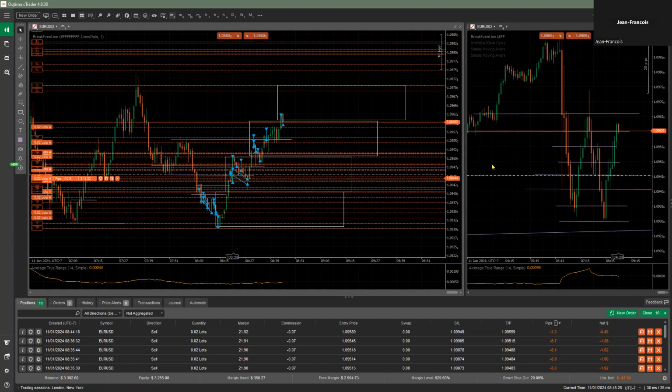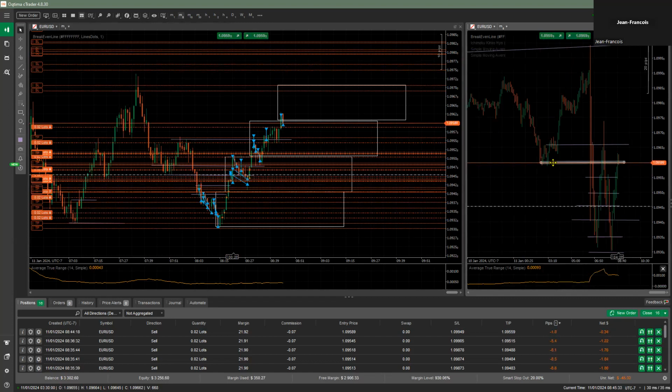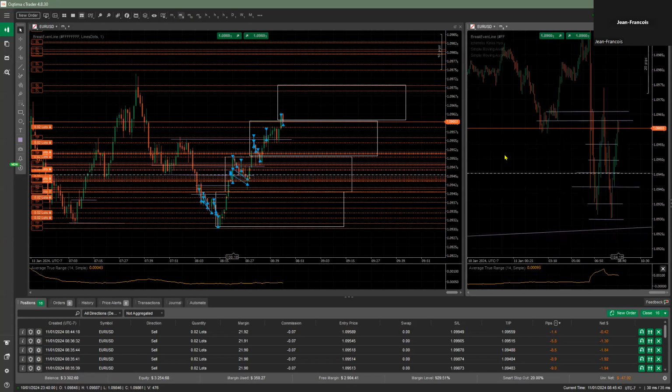What does that ladder look like? Yeah. See, we've gone down the ladder, gone back up the ladder. We're holding resistance in this area here. Let's see if we can finish the day lower.